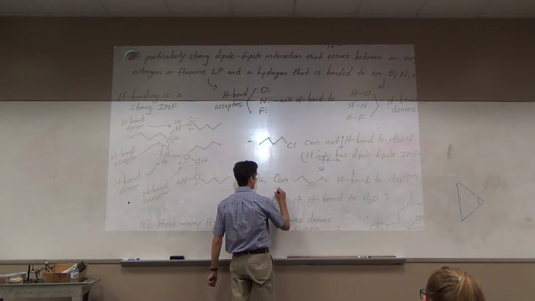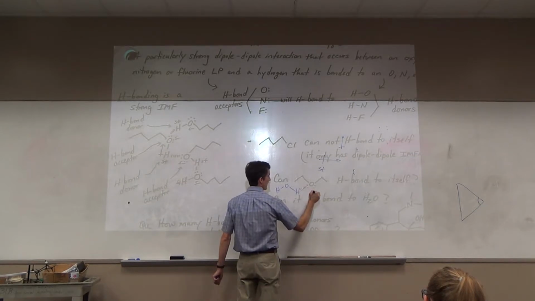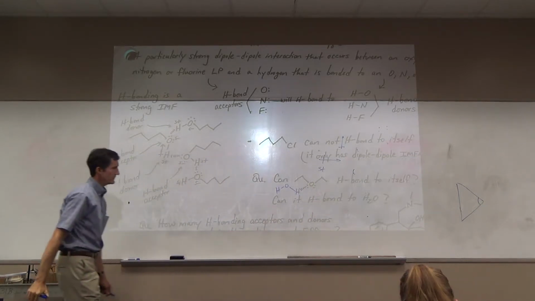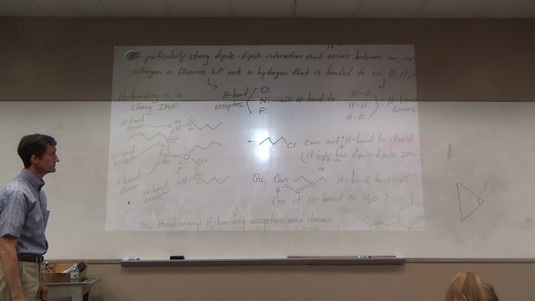You could show water here, and you can show the oxygen as a hydrogen bond acceptor and the H of water being your hydrogen bond donor. So it can interact with water. That's important when you start talking about things like solubility or interaction with solvents. Because to dissolve in a solvent, it's got to want to associate with it and like it.